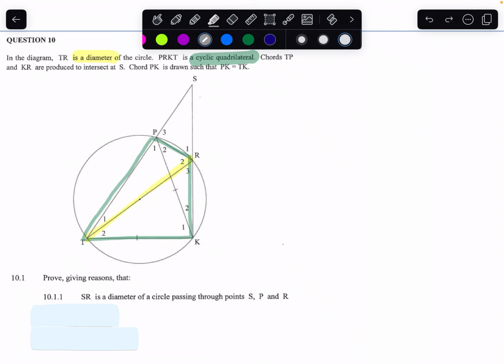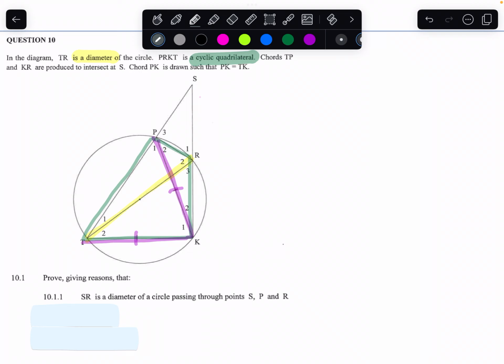Then chord PK is drawn such that PK is equal to TK. So the length of PK is equal to the length of TK. First question: prove, giving reasons, that SR is a diameter of a circle passing through points S, P, R.